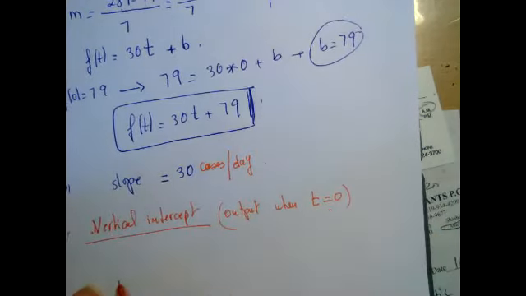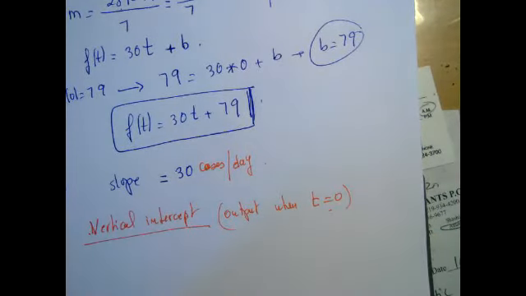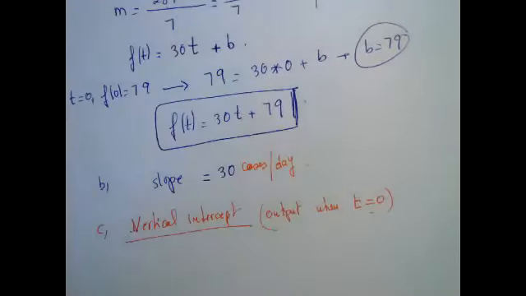So what's the vertical intercept and what's the unit? And interpret. I would like to do that before I pick. Anybody? Anybody would like to tell me what's the vertical intercept? What does it represent?